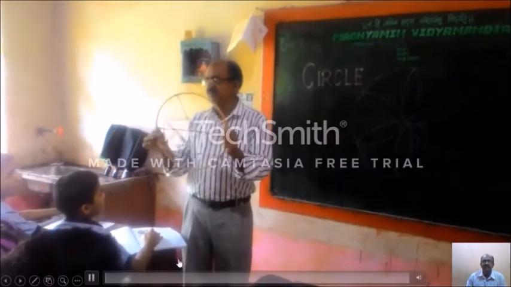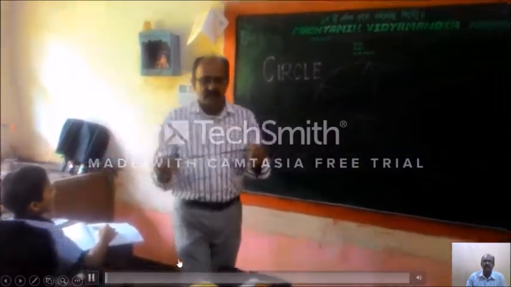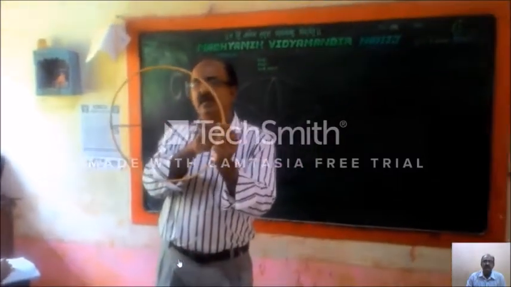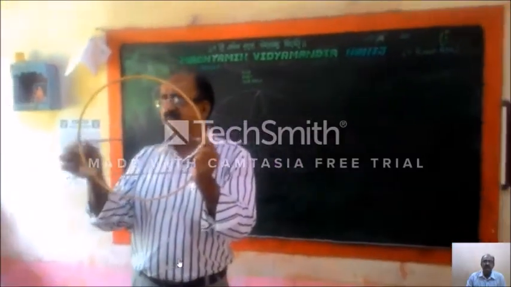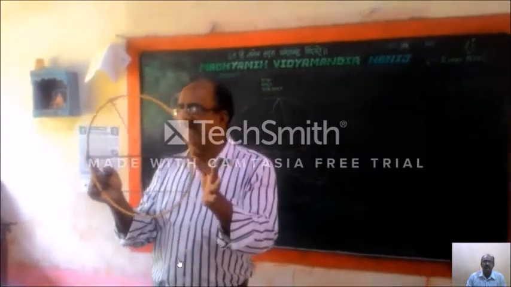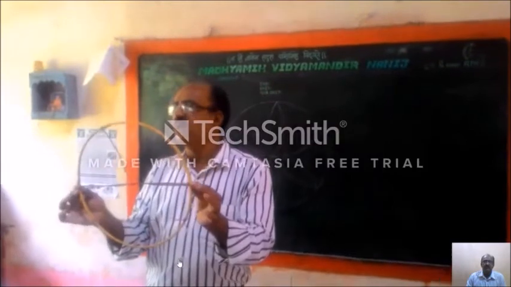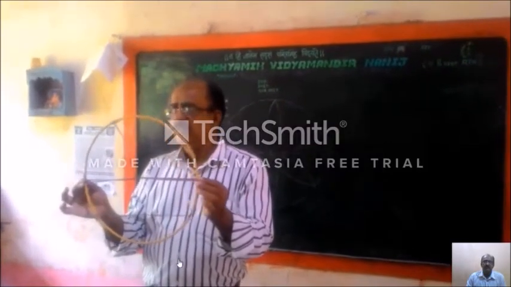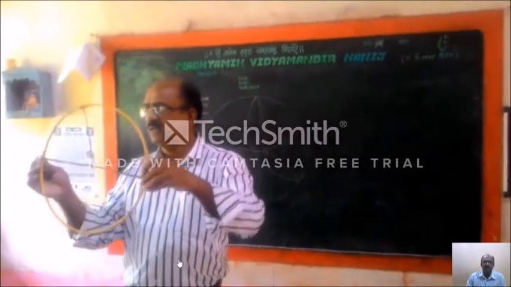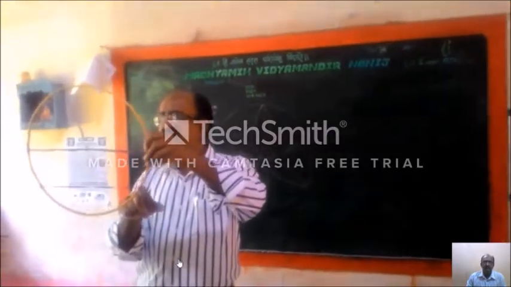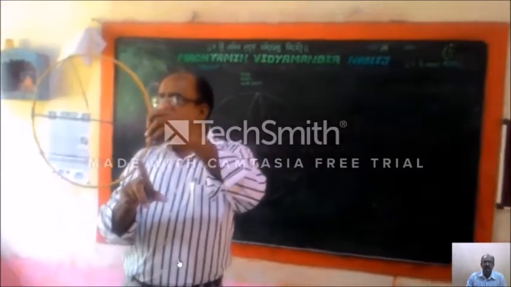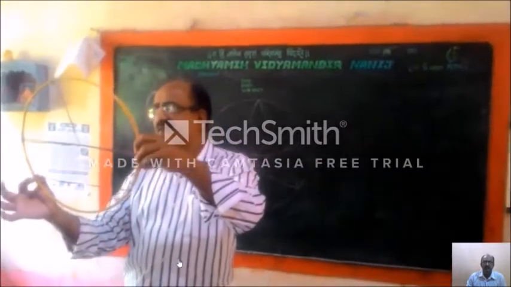The center. Here we see a line from one end to another end of the circle. This is known as a chord. Here is another line which is from this point to this point.